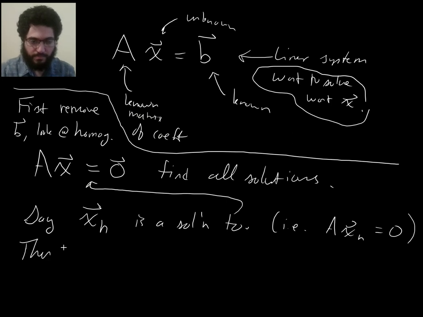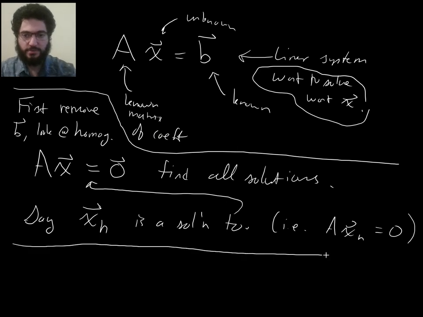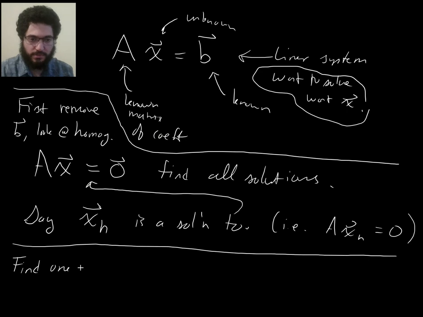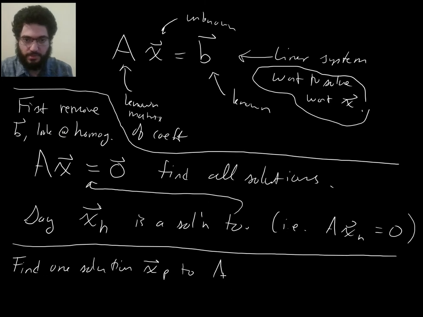Then, here's the next thing you should do. Find just one solution to the non-homogeneous, the original linear system. Find one solution. Let's call it x sub p, for a particular. Find one particular solution to Ax equals b. So that means we have A x sub p equals b.